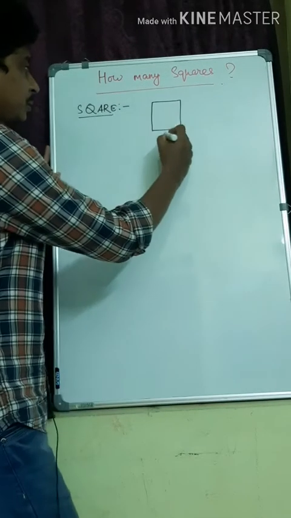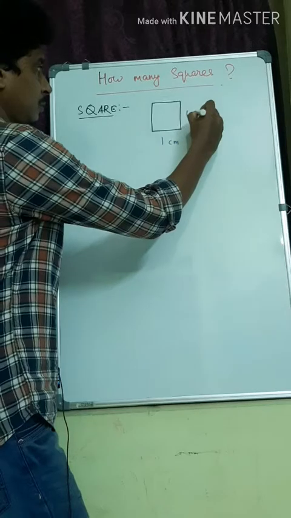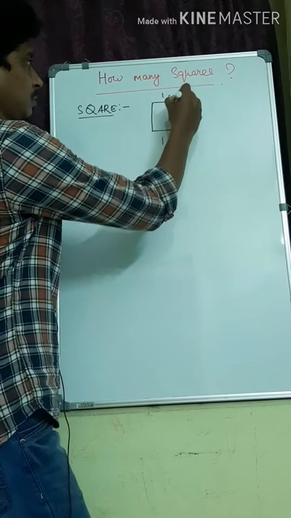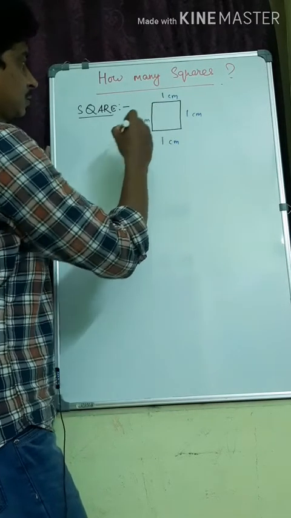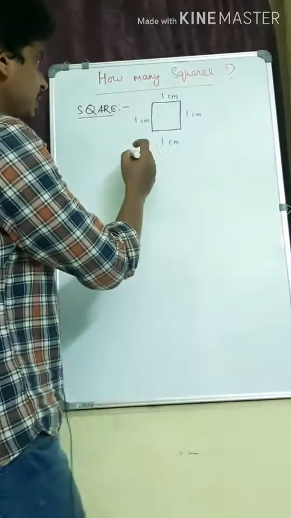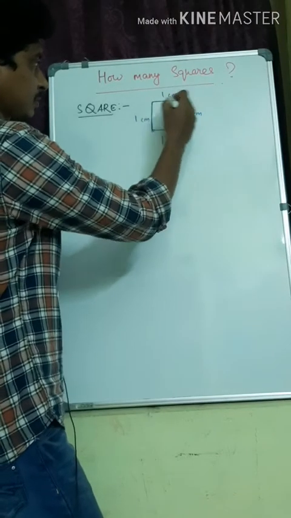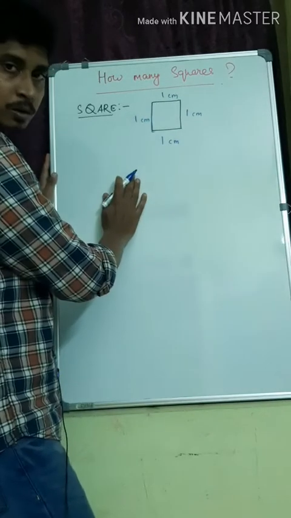Let this square be of 1 centimeter, 1 centimeter, 1 centimeter. Each side of this square is 1 centimeter. So it is covering certain space, certain place on this board.